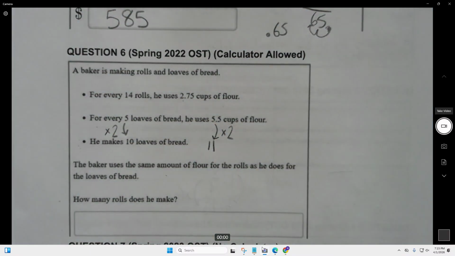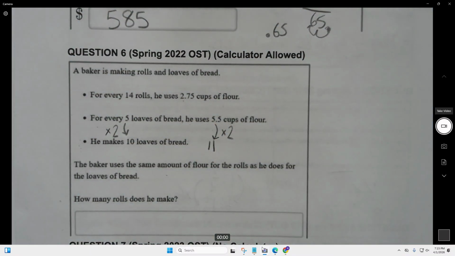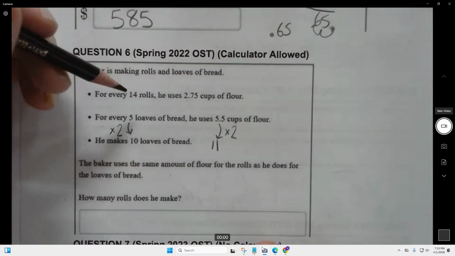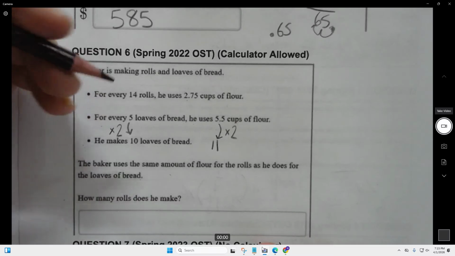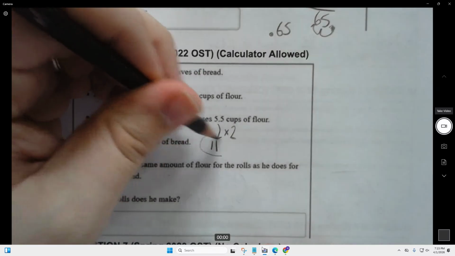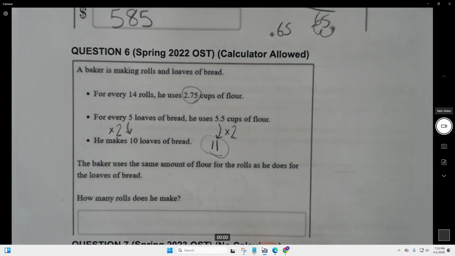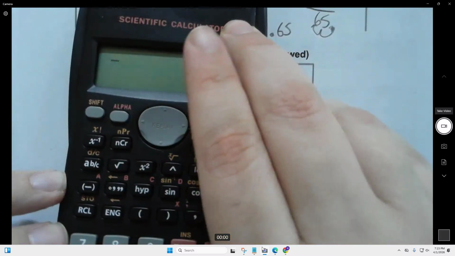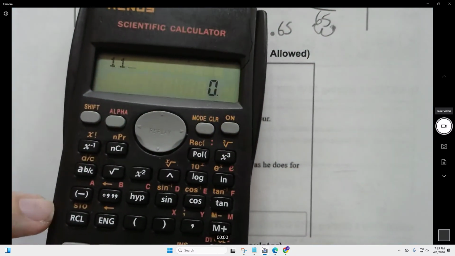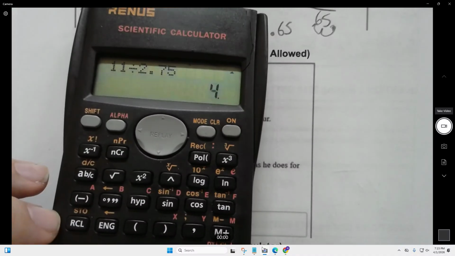So he uses 11 cups of flour. So now we need to figure out how many rolls he made. If he's using 11 cups of flour and he uses 2.75 cups per order of rolls, 11 divided by 2.75 means he made 4 orders of rolls.